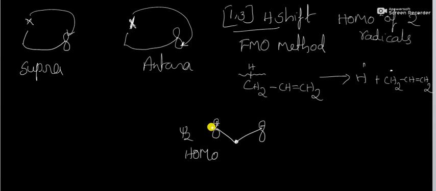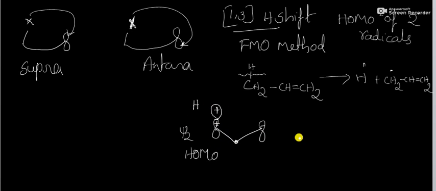Here is our reactant, here is our hydrogen. Hydrogen has a spherically symmetrical orbital, so it can be represented by a sphere having positive symmetry. So this is the representation of a reactant.